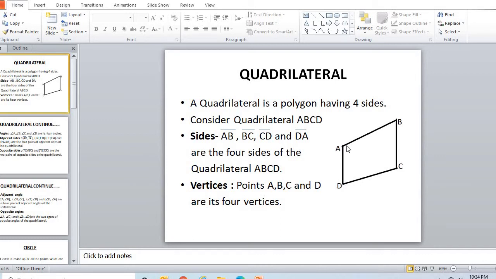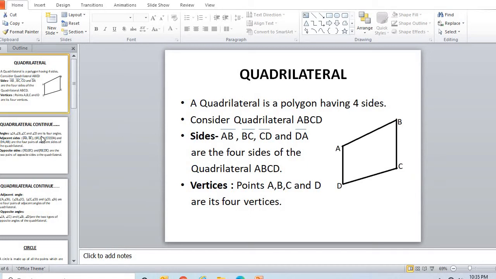So the opposite angle of angle A here, who is its opposite? Angle C. Correct. If you see angle B, then its opposite is angle D. So these are the two pairs of the opposite angles of the quadrilateral. So I hope all of you understand the sides, vertices, angles, adjacent sides, opposite sides, adjacent angles and opposite angles.